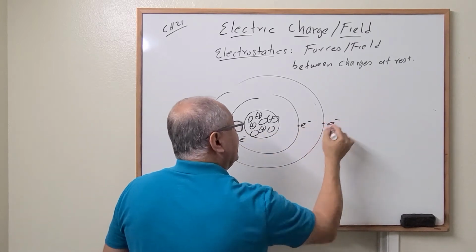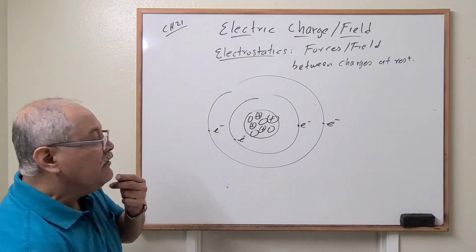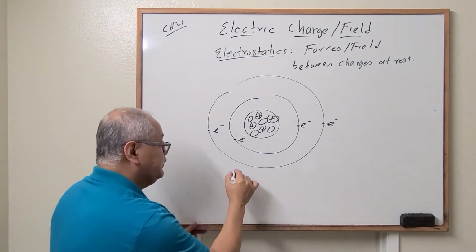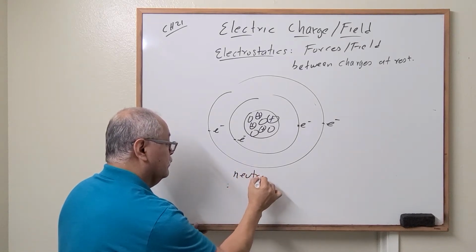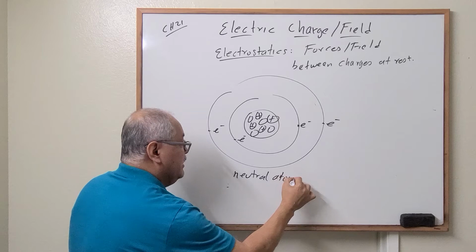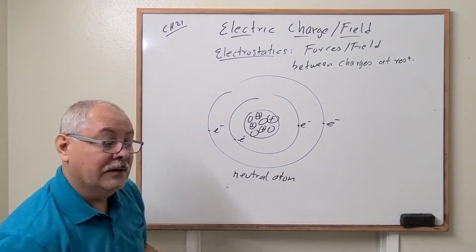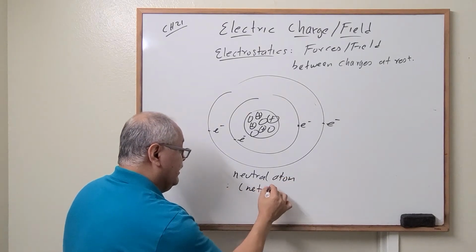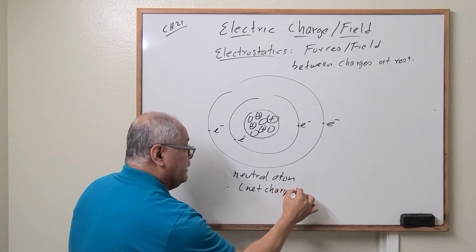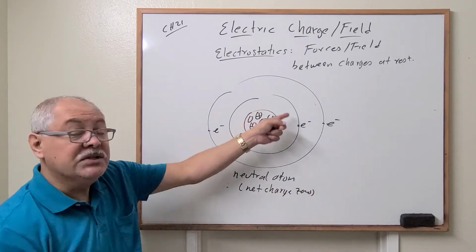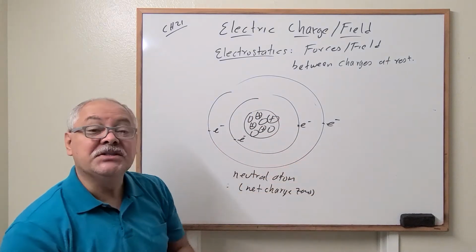Now this is a neutral atom. Neutral means that the net charge is zero. Well, it has charges, but the net charge is zero.